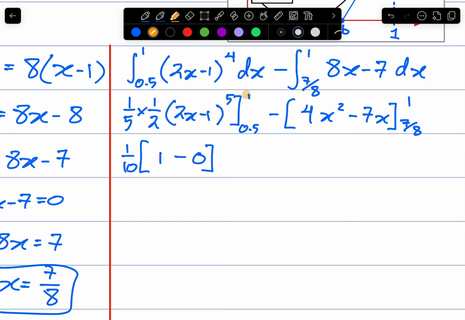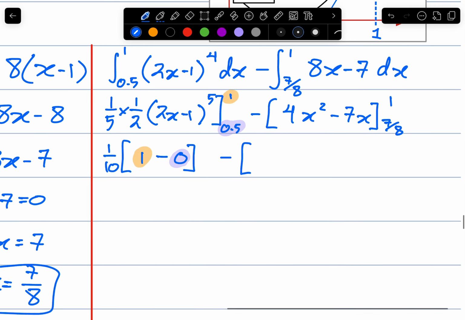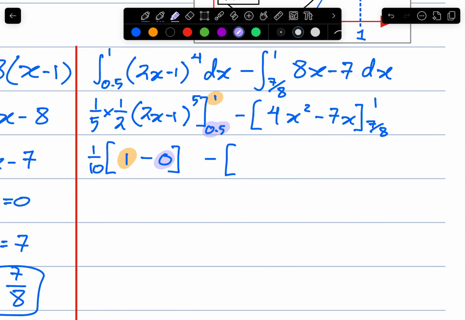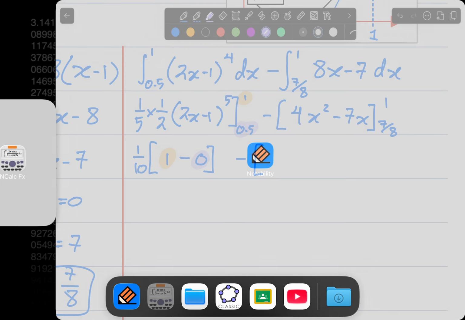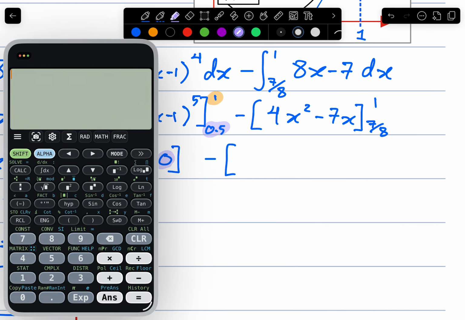So just color coding my substitutions, that's the first set. Minus, substituting in 1 here, and not going to take my chances this time, 4 times 1 squared minus 7 times 1. This gives me negative 3.